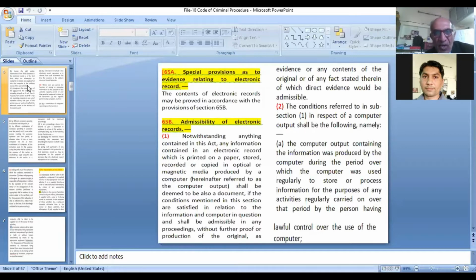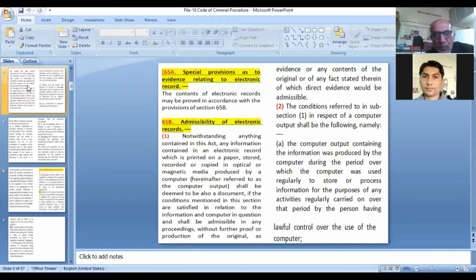Let us read again. Notwithstanding anything contained in this Act, any information contained in an electronic record which is printed on a paper, stored, recorded, or copied in optical or magnetic media produced by a computer.